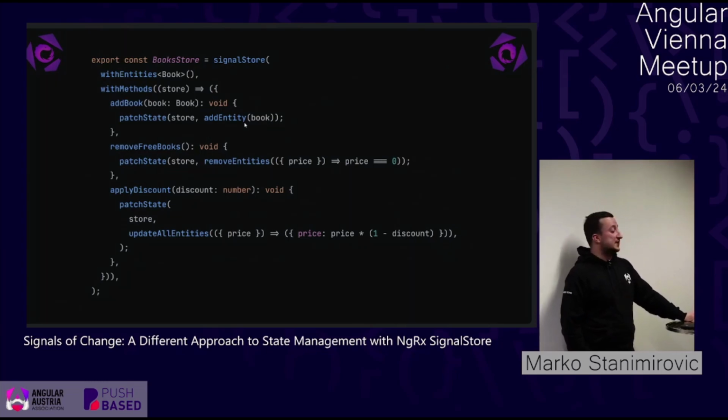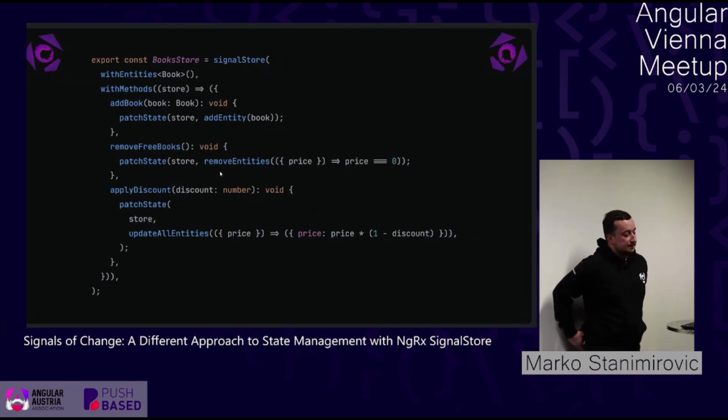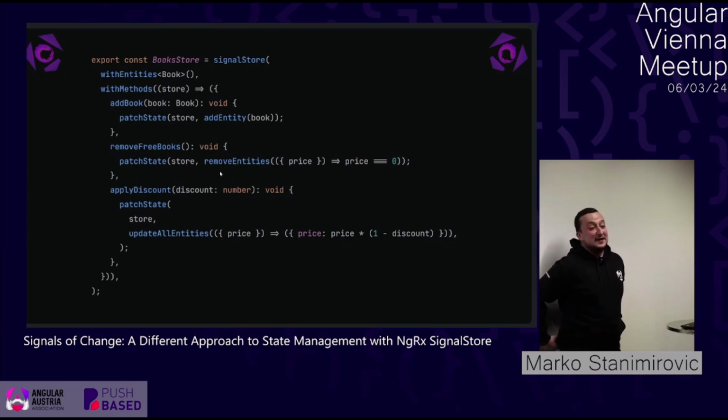But you can notice one difference here, actually. You can see that with NgRx entity, if you remember, we created an entity adapter, and then from the entity adapter we used the methods. But here, these are standalone functions. Do you have an idea why? What's the main reason for this? Tree shakeability? Yeah, exactly.